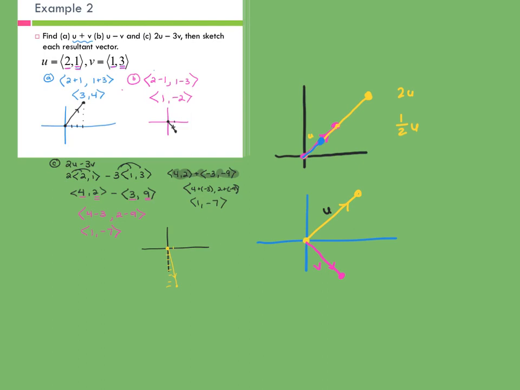I'm going to extend this side here, but make it parallel to that other side, to the side u. And then I'm going to extend this side, making it parallel to v. And then where the two cross would be the terminal point of the sum of those two vectors.